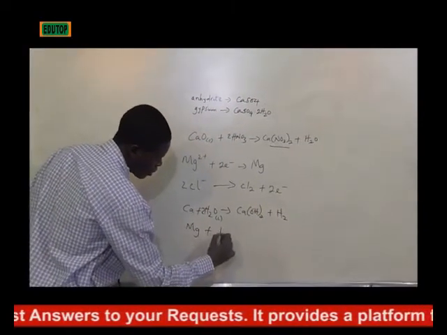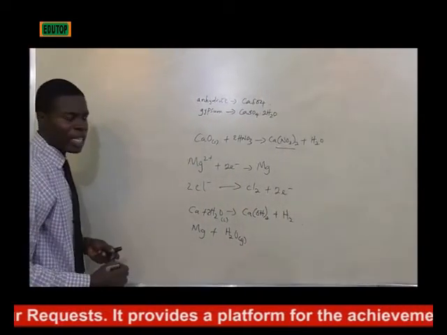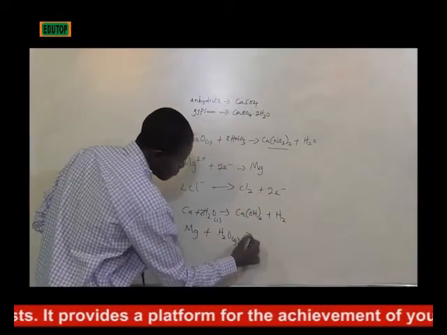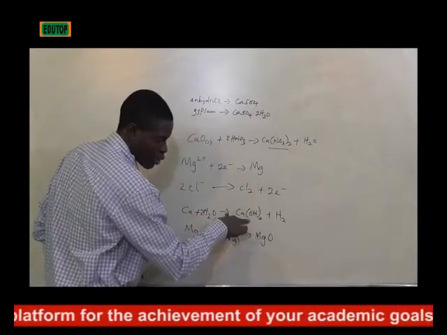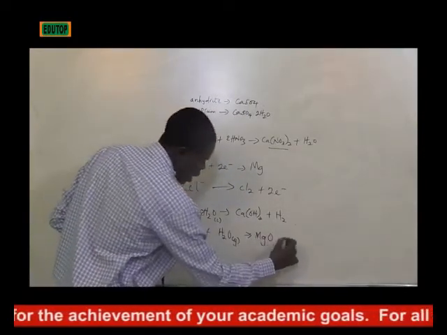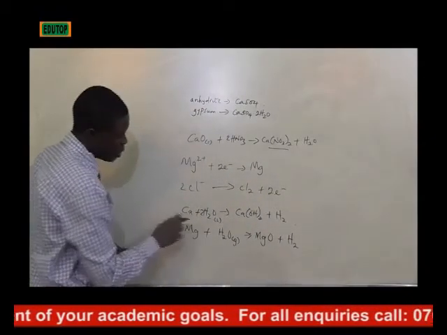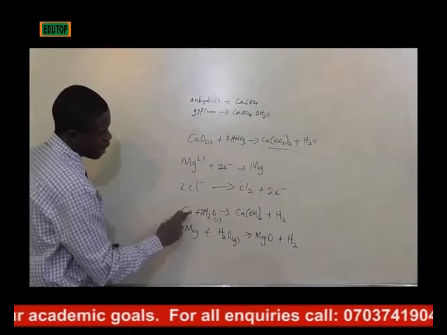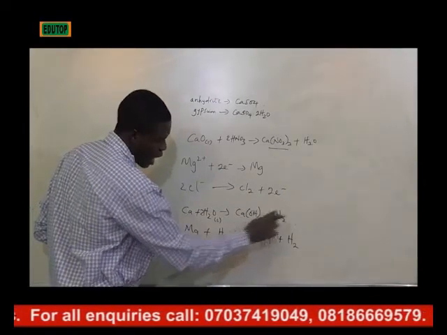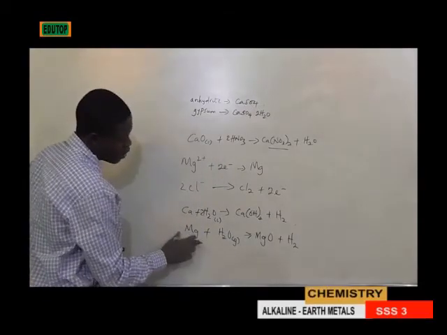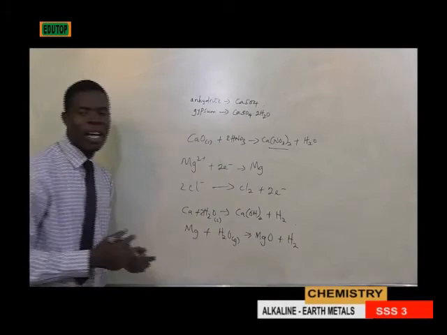Rather, it reacts with steam, water in the gaseous state, to give magnesium oxide, not hydroxide, and liberate hydrogen. This is the distinctive difference between calcium and magnesium. Calcium reacts with water to form calcium hydroxide and hydrogen, while magnesium reacts with steam to form magnesium oxide and hydrogen.